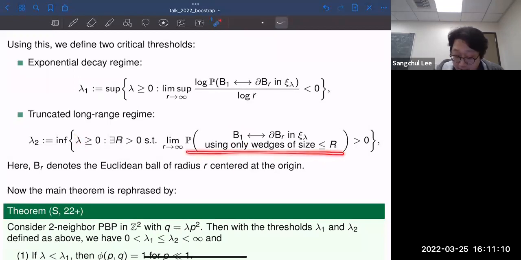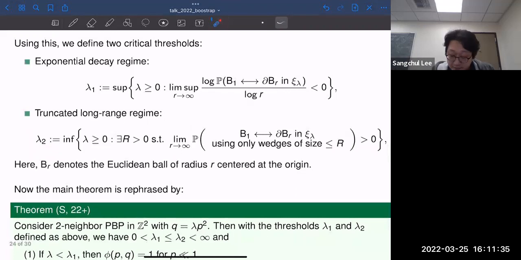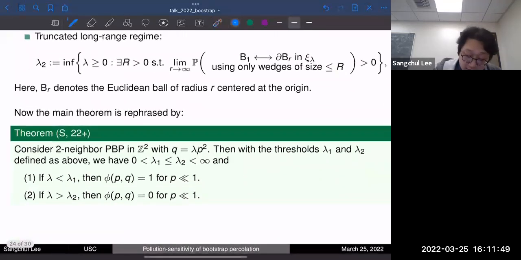And if the probability as r goes to infinity is positive, then I call lambda to be in the long range regime, and I'm taking the infimum of such lambda and defining that as lambda 2. Usually in the percolation literature, they don't have this condition. But unfortunately, we have to focus on this condition because working with unbounded grains in the percolation model is extremely hard. So this is some technicality that we need to prove.